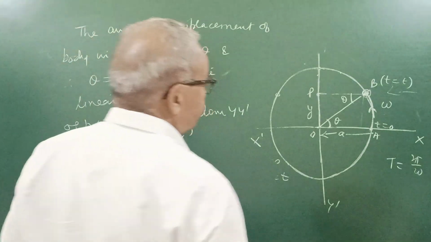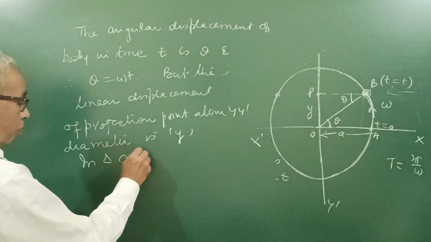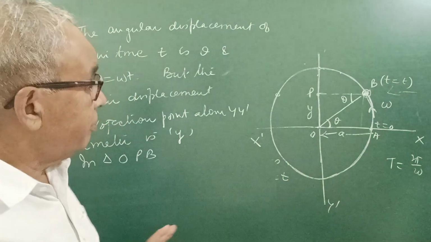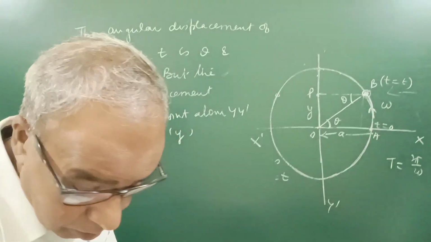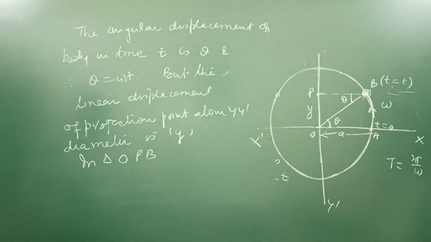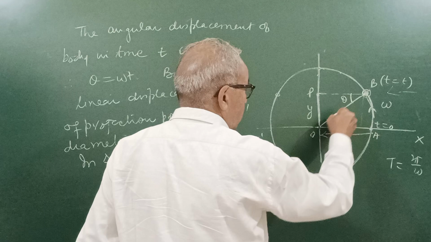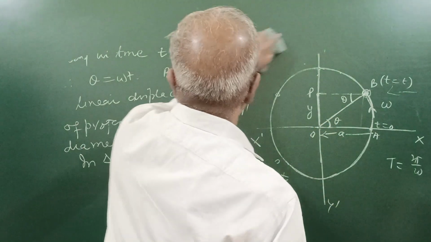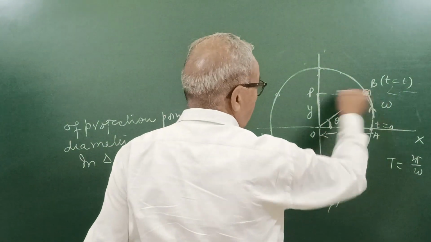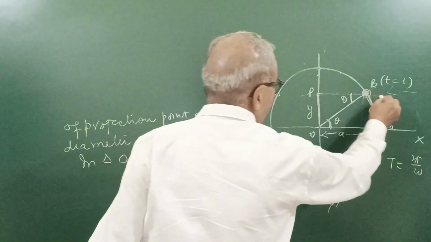In triangle OPB, dear learner, you may feel difficulty, but things are simple. This is theta, so this is the perpendicular and this is the hypotenuse.